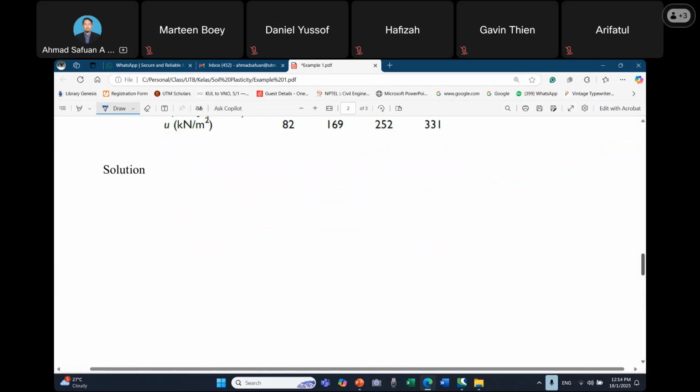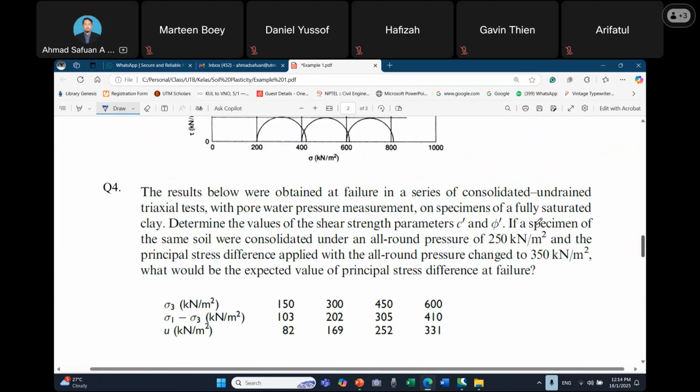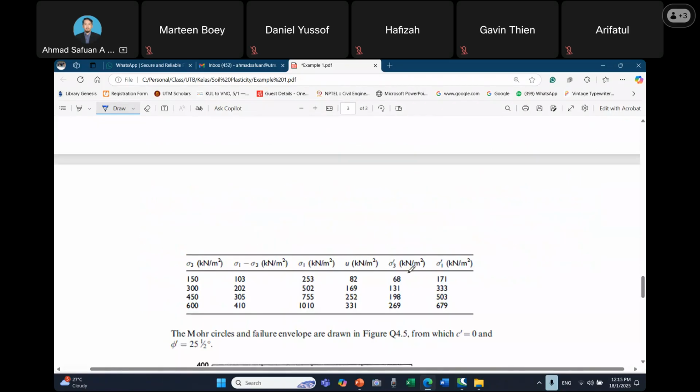But for this case, we need to get the C prime and phi prime. So to get the effective stress value, we need to include the pore water pressure in the calculation.